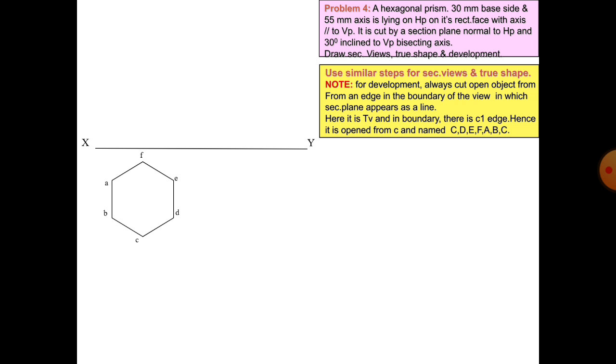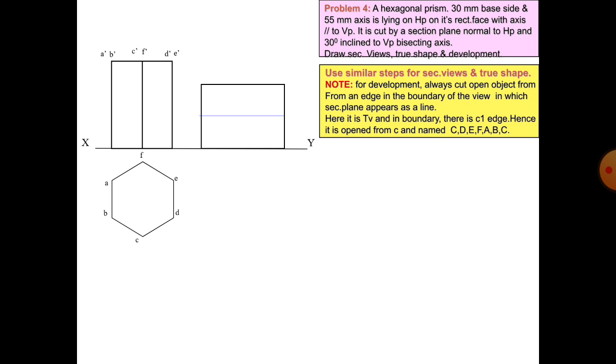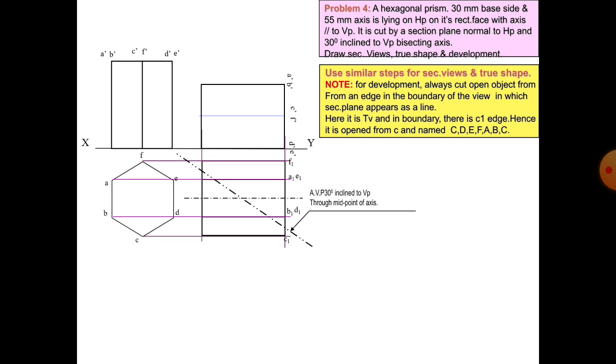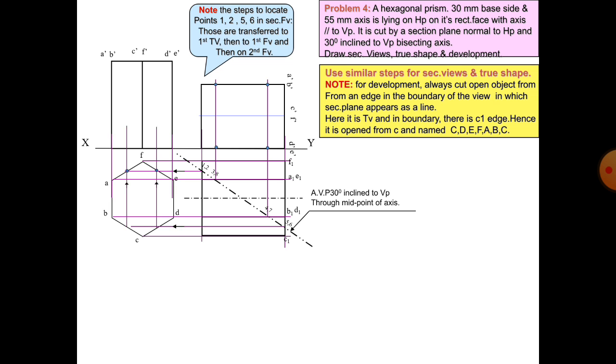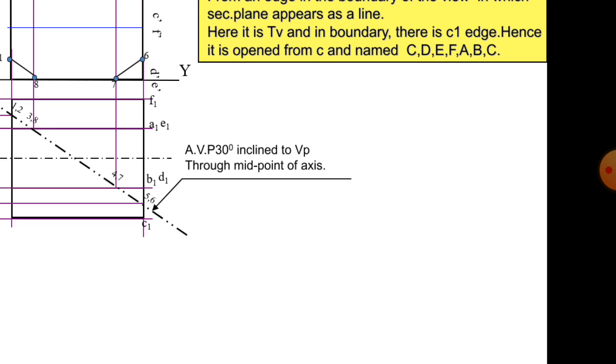Firstly draw the hexagon, then extend the front view. The top view looks like a hexagon and the front view looks like a rectangle. With the help of that, draw the side view, project all the lines and mark cutting lines. Join all parts.